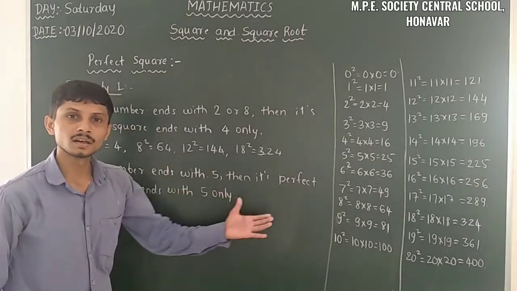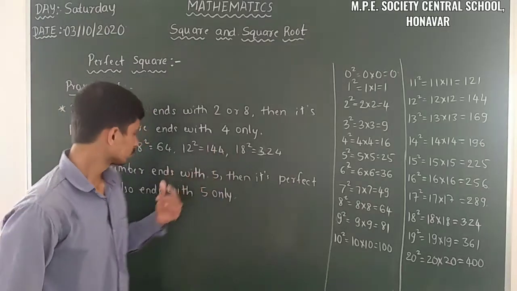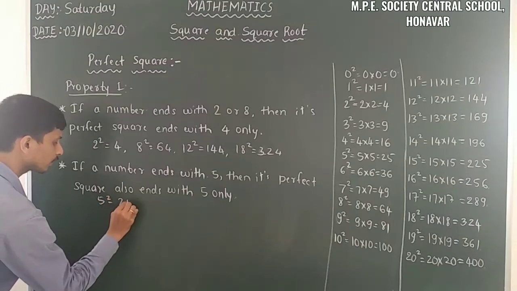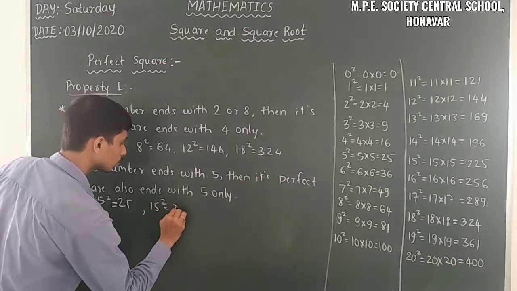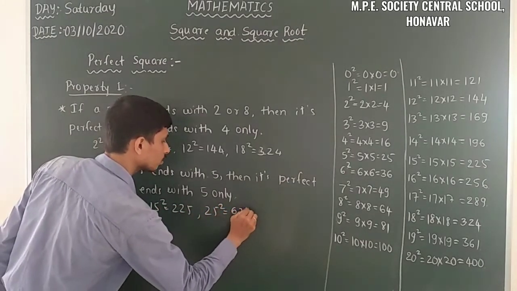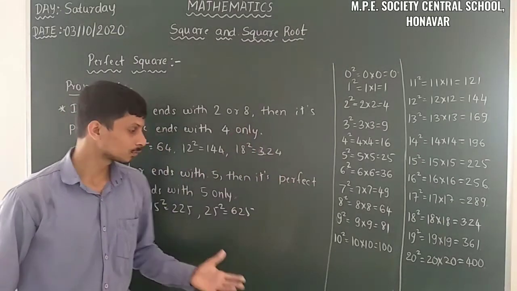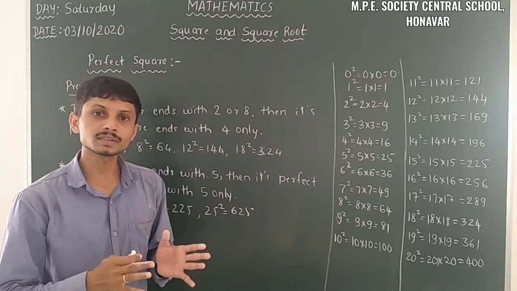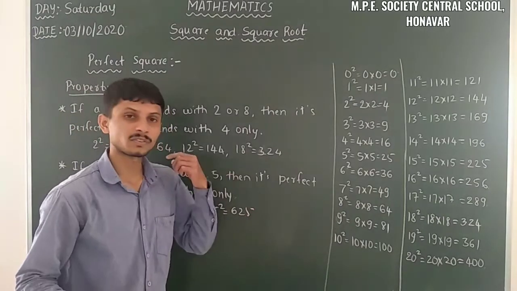So this is another property. Here we can take some examples: 5 square is equal to 25, then 15 square is equal to 225, 25 square is equal to 625. Like that we can take all the perfect squares when the number's ending digit is 5. Then its perfect square also ends with 5 only.